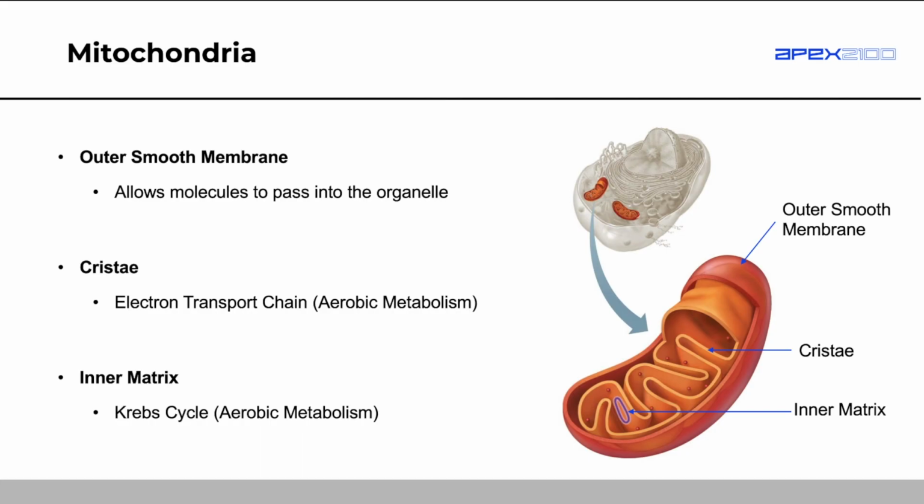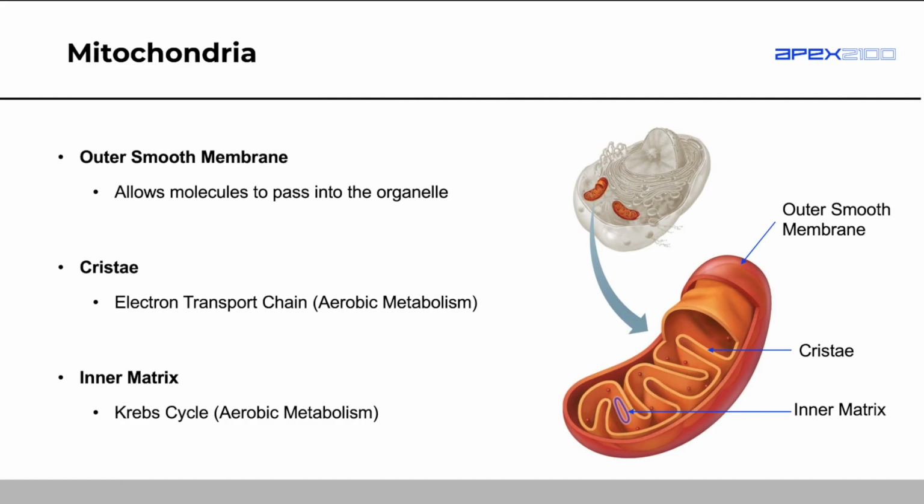And then finally, we've got the inner matrix, which is the space enclosed by the inner membrane of the mitochondria. It's like the free space within the mitochondria. It contains different enzymes, DNA, or mitochondrial DNA specifically, and ribosomes. But most importantly, this is where the Krebs cycle occurs.